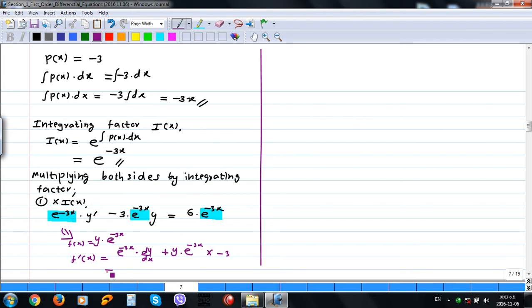So we can take e to the power minus 3x, instead of dy by dx I am writing y dash here, minus 3 e to the power minus 3x times y. So look at this one.